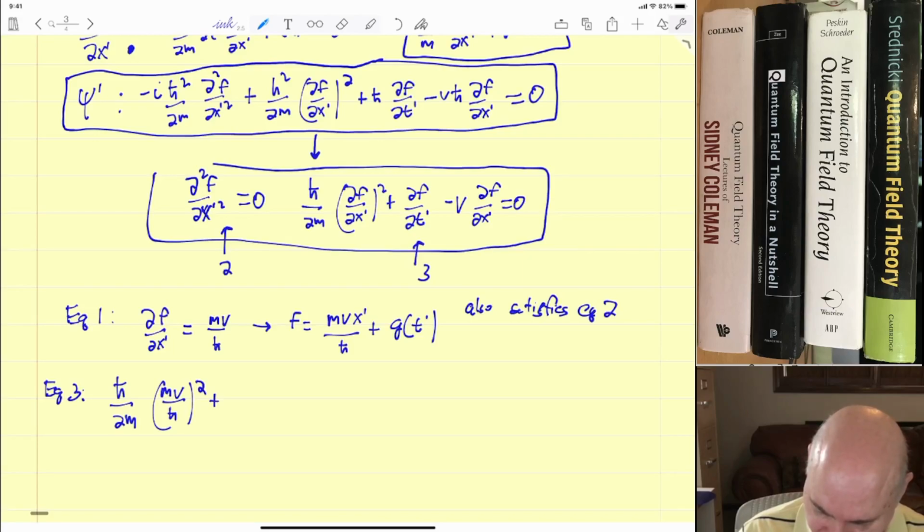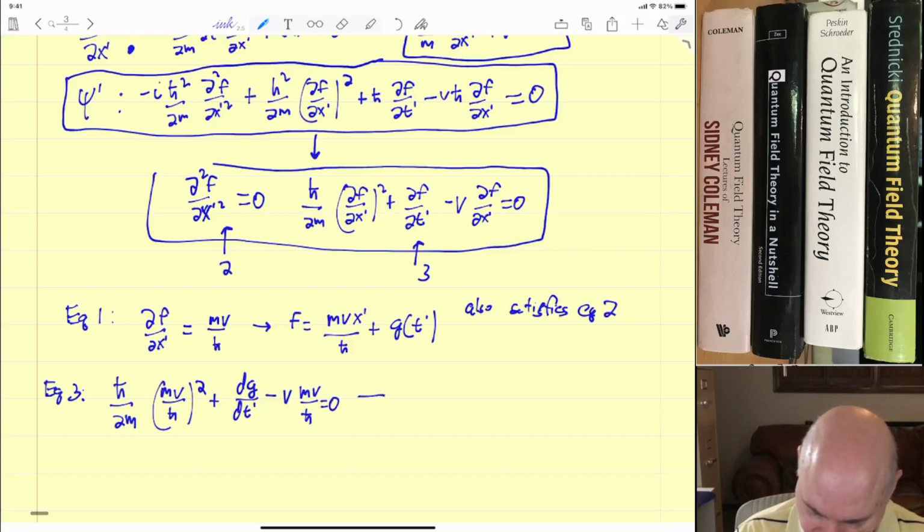This doesn't have a t prime, so that's just the derivative of g. I don't even have to write it as a partial derivative because g is only one variable, minus v, and the partial of f with respect to x, again, we know is mv over h bar.